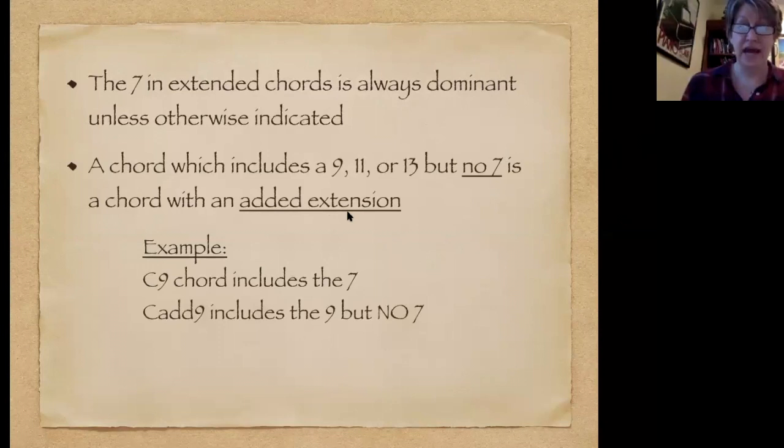And this is a very common question here. A C9 chord has to include the 7th. A C add 9 includes the 9 or the 2, but it does not include the 7th. Sometimes you'll see that referred to as a C add 2 chord. It's the same thing. The add 9 means you're adding that scale tone to the chord and not playing the 7th.